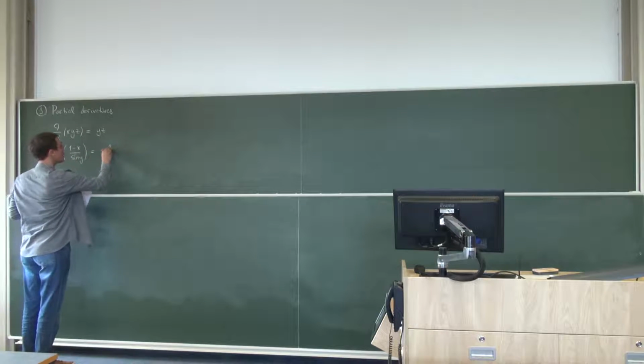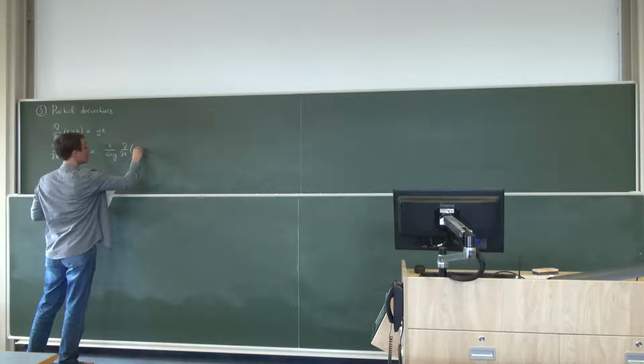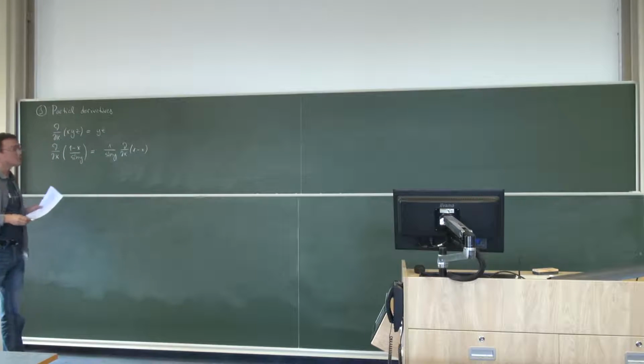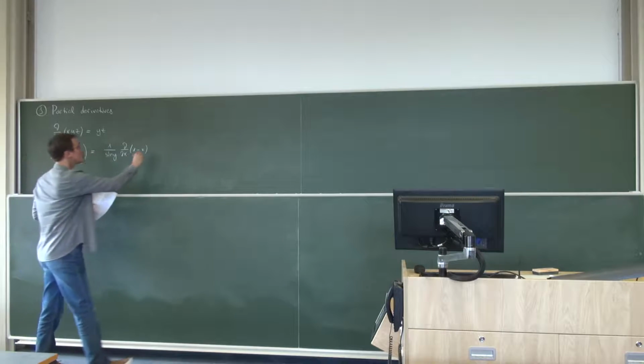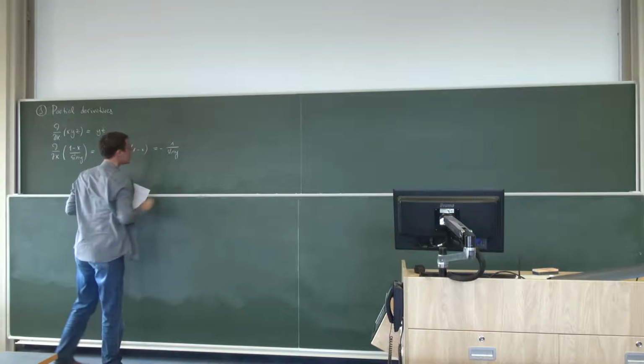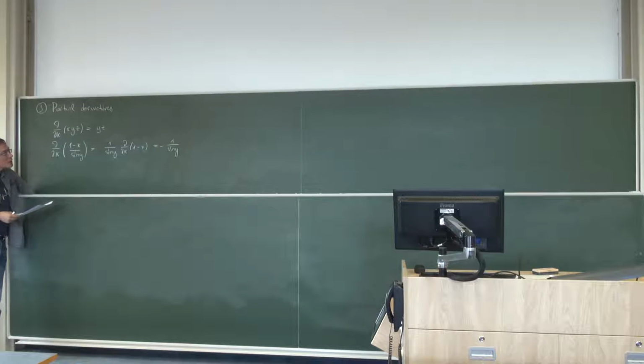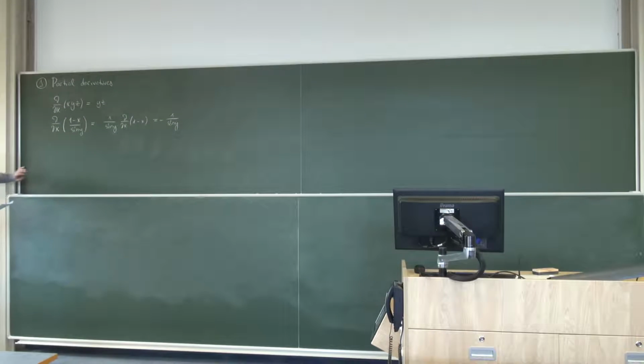So this will be 1/sin y times ∂/∂x of (1 − x), and the derivative of that is of course −1, so that is −1. So the simple recipe when you are seeing partial derivatives is that every other variable is to be assumed constant.